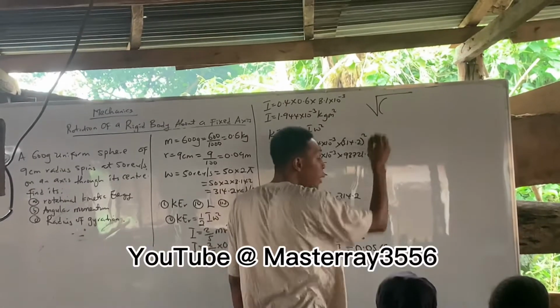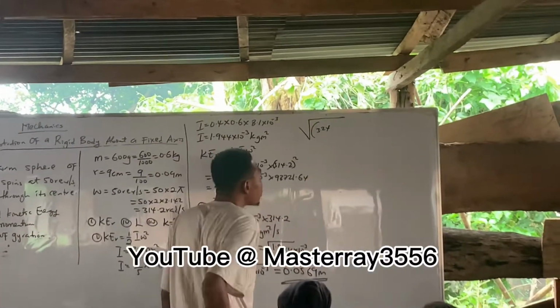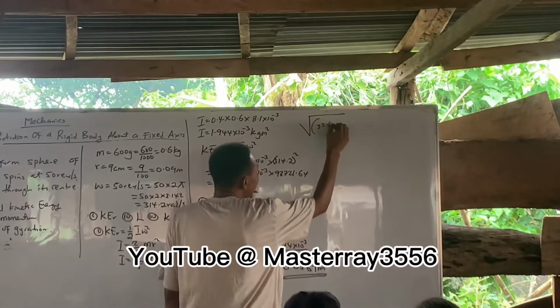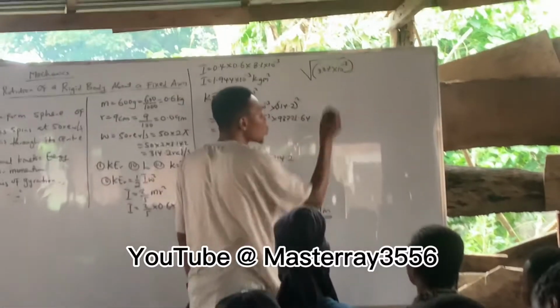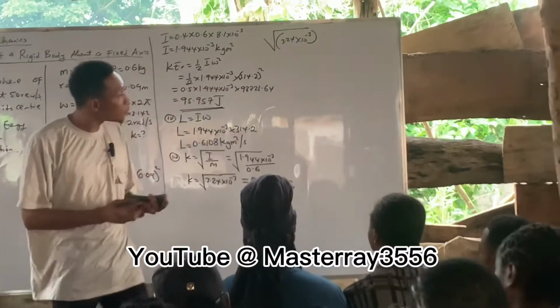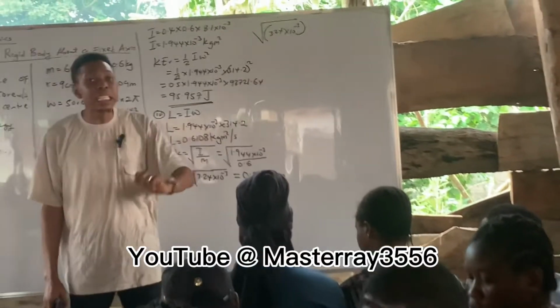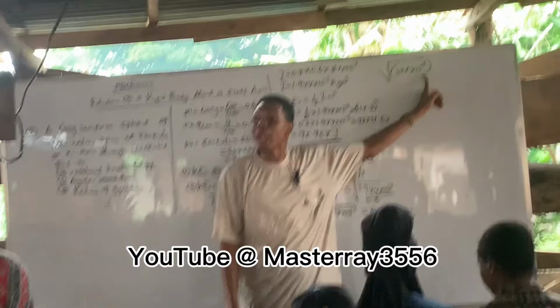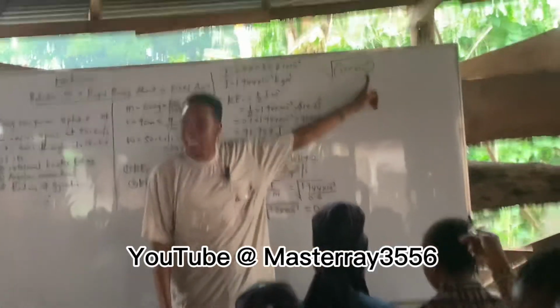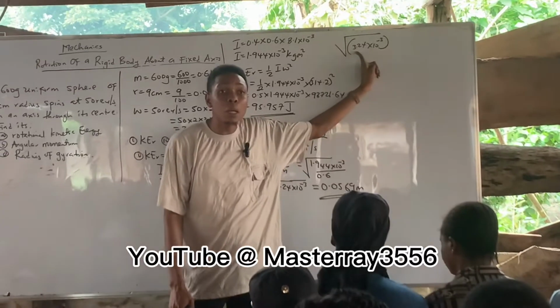Then you open up brackets, write 3.24 times 10 raised to power minus 3, then close the bracket, then press equal to. Now what you are telling your calculator is that it should square root everything that is inside the bracket. Are you paying attention?